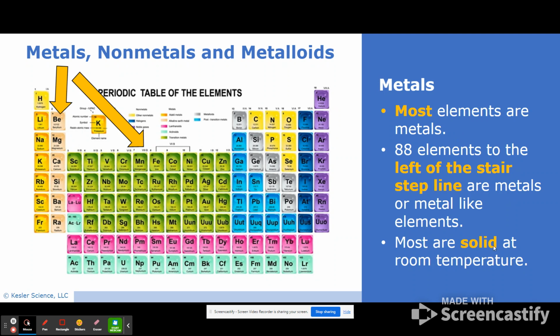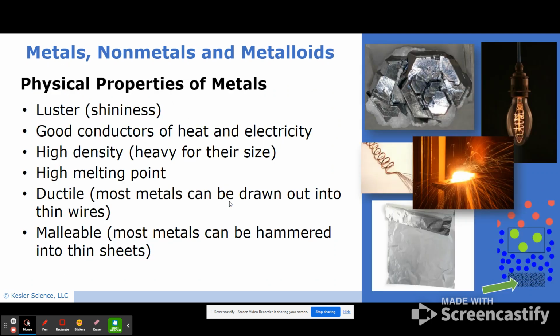So that means if it's metal and it's at regular temperature, not super cold or super hot, it's going to be a solid. One of the exceptions to that is mercury. Mercury is very much a metal, but at room temperature, it is a liquid. It's a poisonous liquid, so you don't want to touch it at room temperature because it can get into your skin. It would slowly poison you.